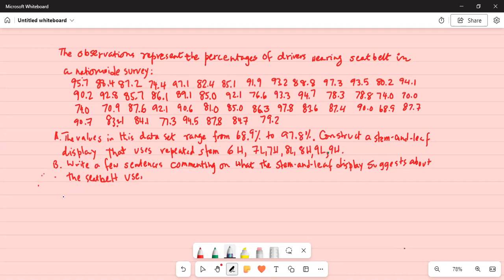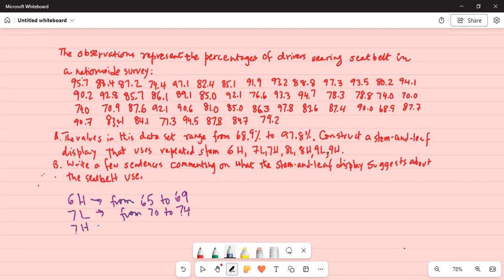So, first of all, 6 high will mean numbers from 65 to 69. Then 7 low from 70 to 74.